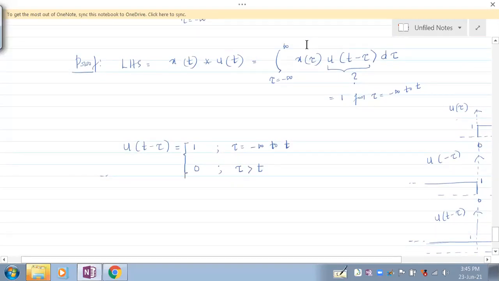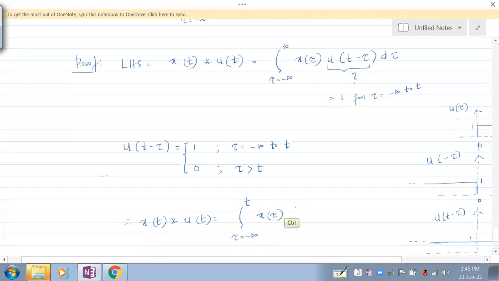Therefore x of t convolution u of t would be, see the integration now, tau ranging from minus infinity to t, x of tau. And what is u of t minus tau in this duration? From minus infinity to t, u of t minus tau is 1.